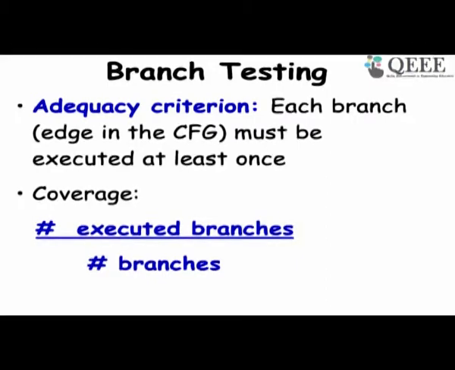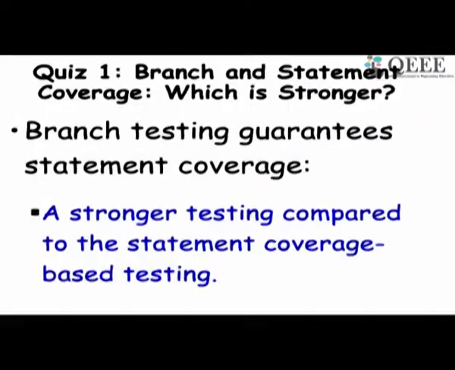For the previous case, there are 4 branch outcomes, and if we execute 3 of them, we will get 75% coverage. But the quiz here is how to show that branch coverage is stronger than statement coverage.